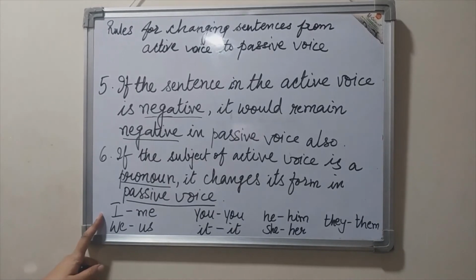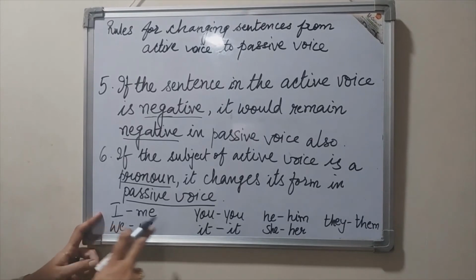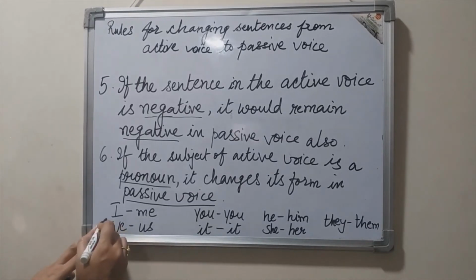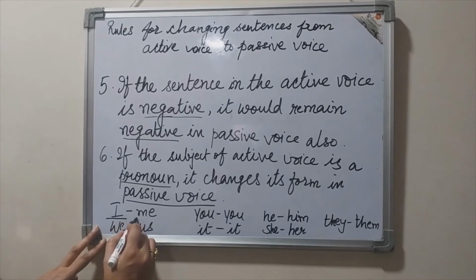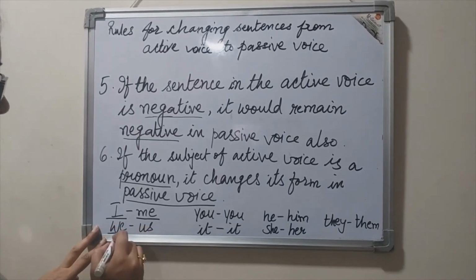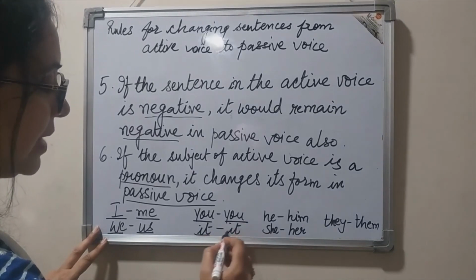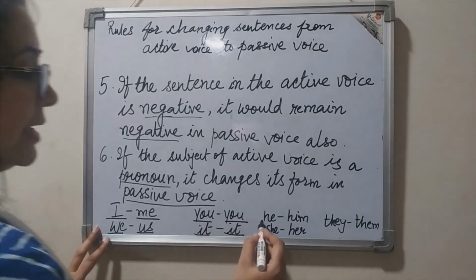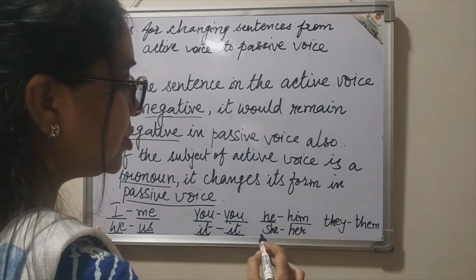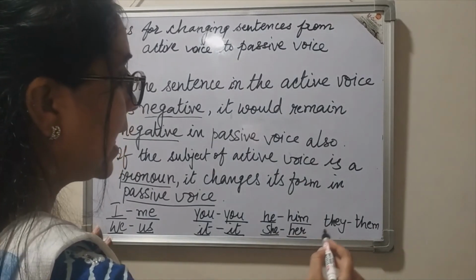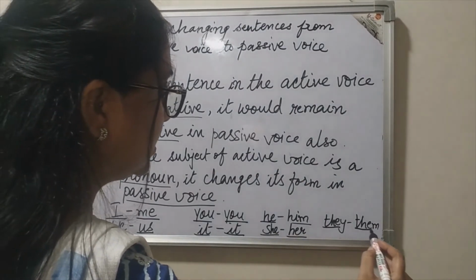Now let us see the different pronouns. If I is there, it would change to me. We changes to us. You and it remain the same, okay? He changes to him. She changes to her, and they changes to them.